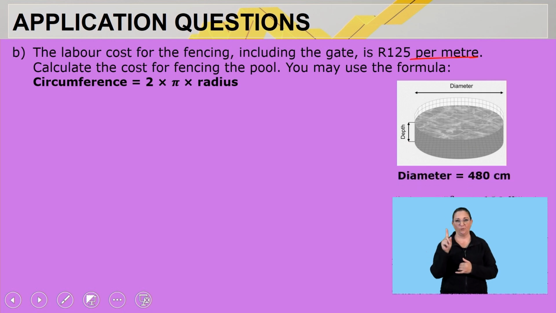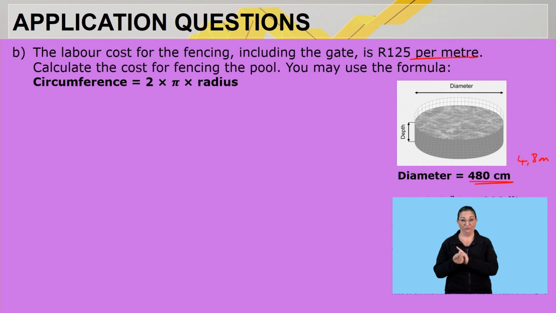So remember here, we said this is 4,8 meters, when we converted that diameter. So therefore, I will start by indicating circumference equals 2 multiply. Now we have to quickly stand still at this part. The radius, okay, pi is still fine, 3,142. Multiply, but now let's look at the radius.